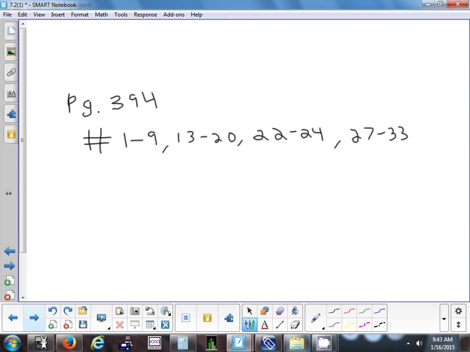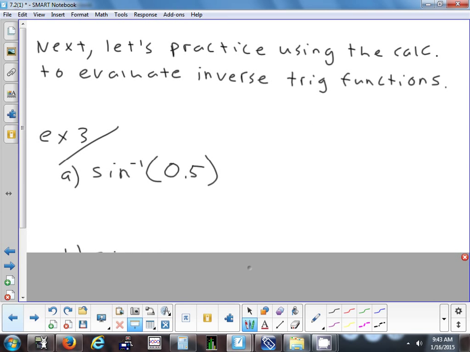Okay, and then the last part, yeah, solving on the calculator. All right, so what we want to do is, first of all, let's see, the book, if they want us to restrict our answer.